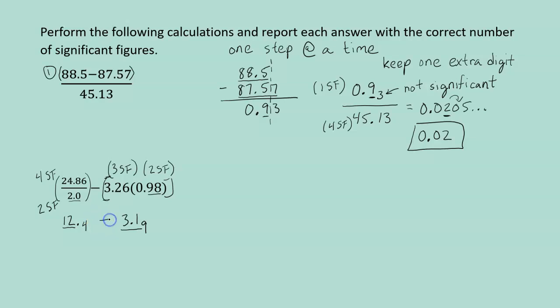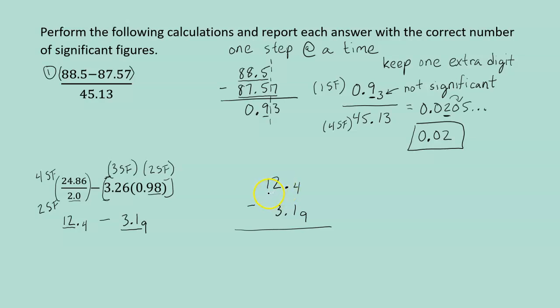Our last step is a subtraction step. So we're going to subtract those two, which means we want to line them up vertically with the decimals. We've got 12.4, still going to subscript it so I know it's not significant, minus the 3.19, subscripting that 9 because it's not significant.